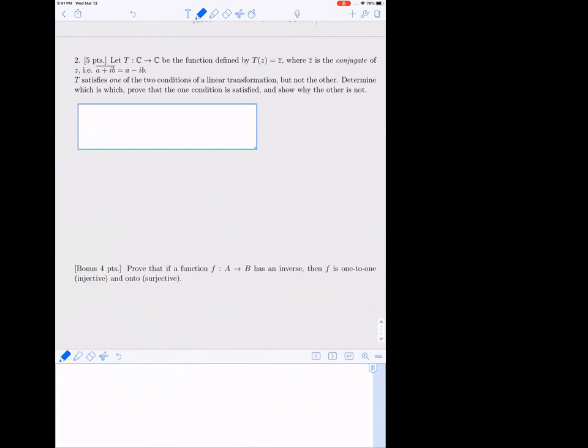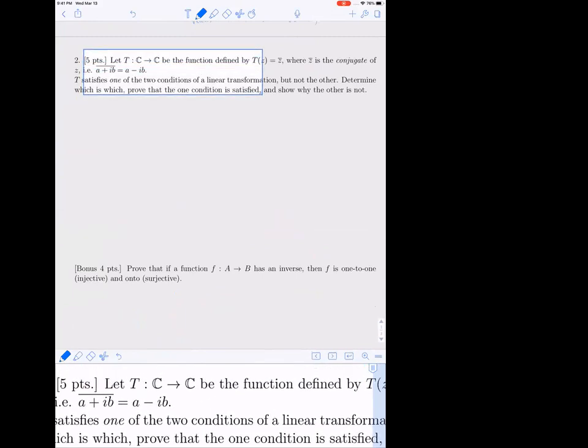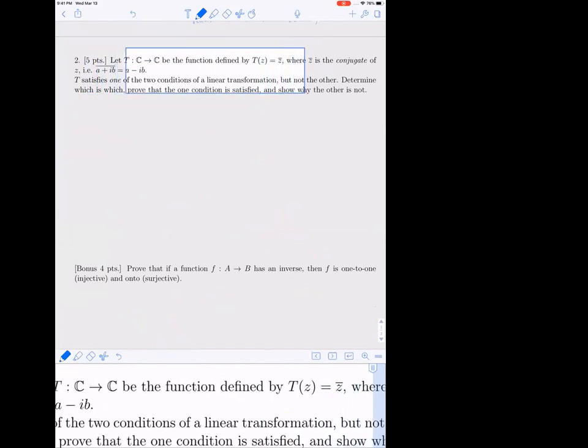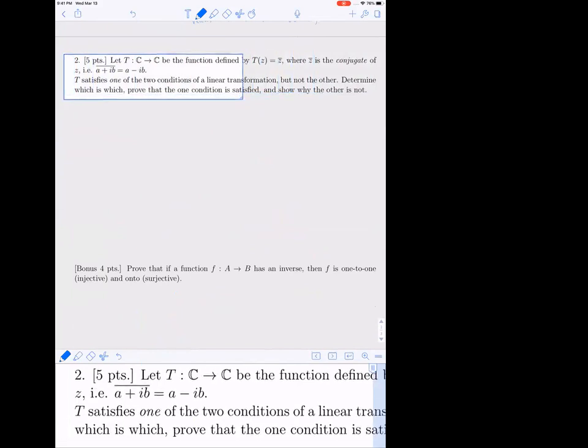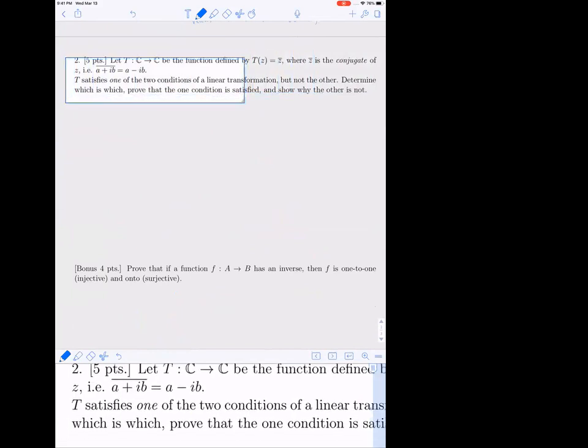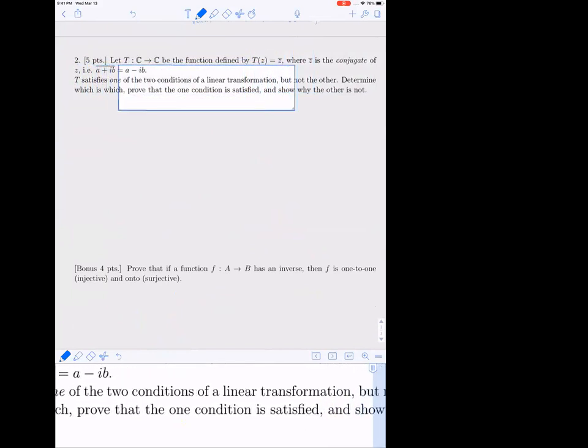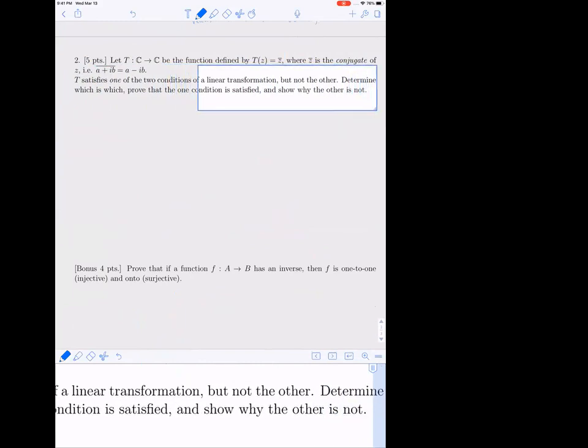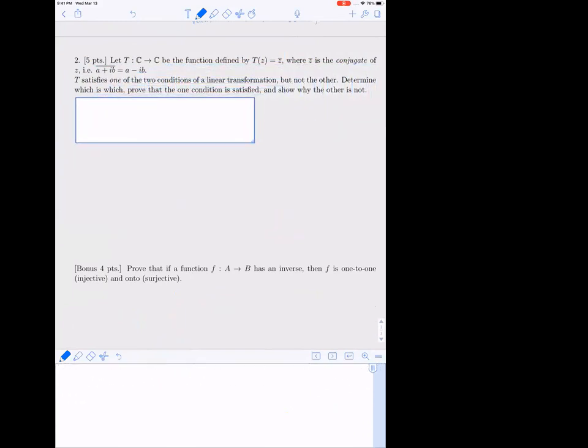All right, number 2 asks us to look at the linear transformation, or the function from complex numbers to complex numbers, defined by taking the conjugate of the complex number. And we're told that T satisfies one of the two conditions of a linear transformation, but not the other. And we want to figure out which is which, and prove the one holds that does, and show why the other one does not hold.